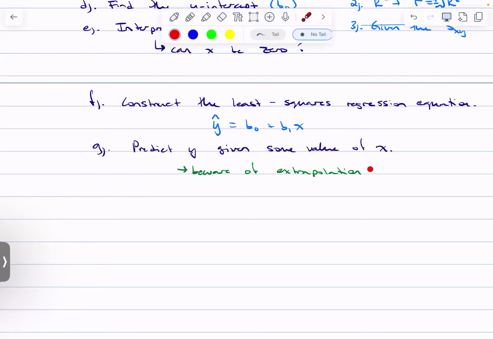And so extrapolation, it is your best prediction, right? You don't have any other options, but it would yield an unreliable prediction, right? Because you are extrapolating. And so here, if you are extrapolating, then you would get an unreliable prediction.